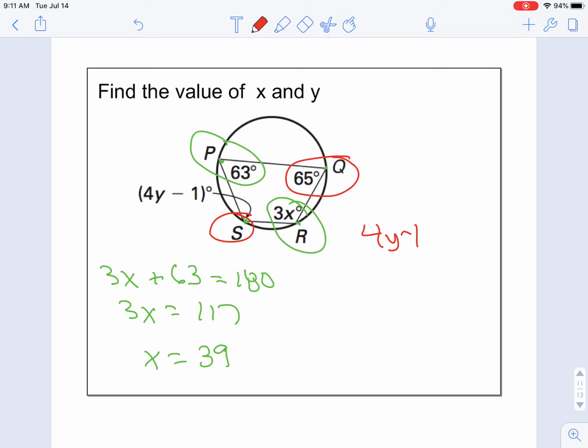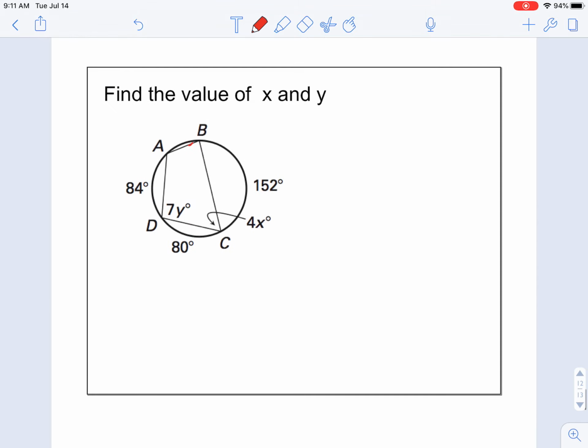And likewise, these two angles are opposite and would be supplementary. So we'd have 4y minus 1 plus 65 equals 180, or 4y plus 64 equals 180. And when we solve, we're going to get y equals 29. So you can make sure you can solve that correctly, but I know that your algebra skills are pretty good.